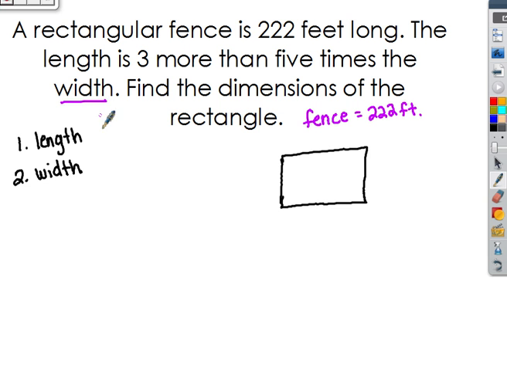Do I know the width? No. Since I don't know the width, I'm going to call it W. Then I'll go ahead and label it on my rectangle. The length is 3 more than, it's a turnaround word, so I'm going to start with 5 times the width, so 5W, and 3 more than that would be plus 3.